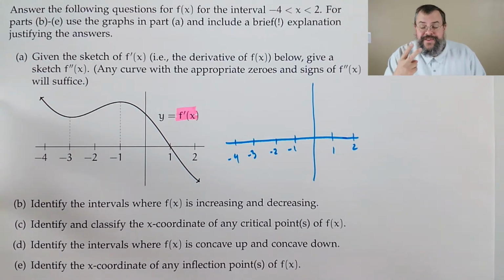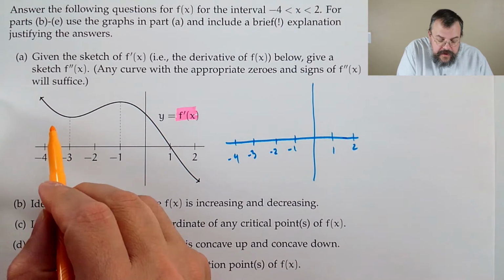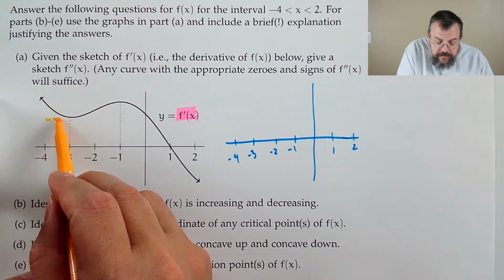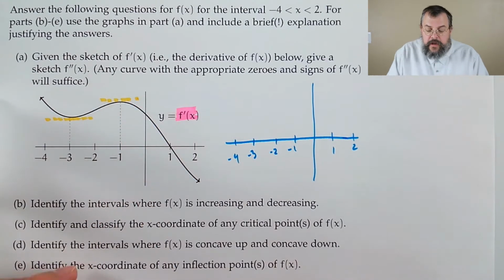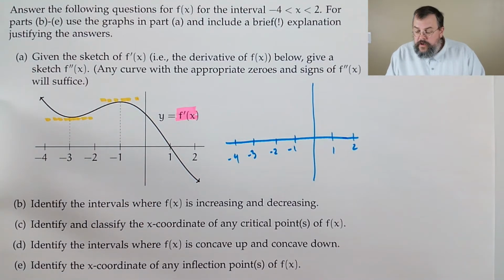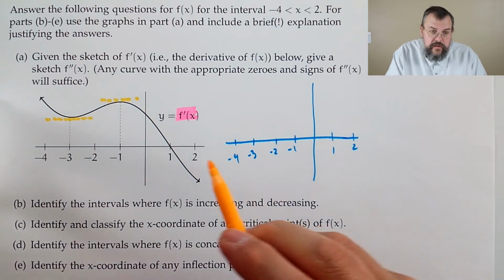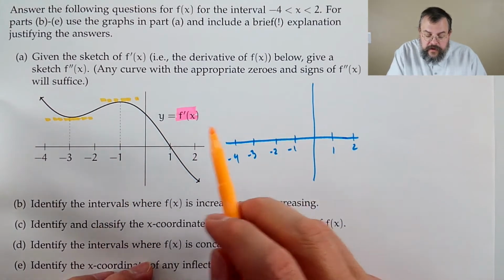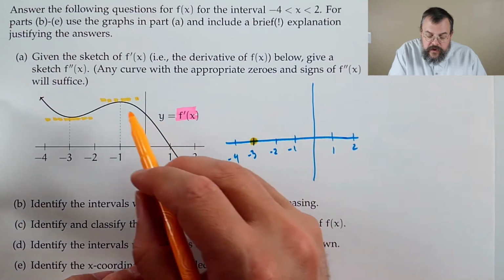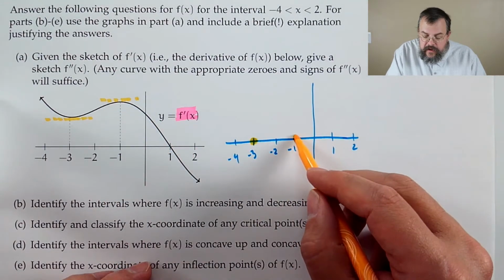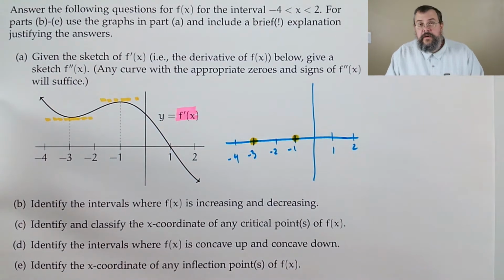Well, it looks like there's 2. So staring at this, I see 2 places which have a flat tangent line, and they've even marked them for us. See, at -3 and at -1. So what does that tell us? Well, it tells us that when we go to the derivative, a flat tangent line means a place where we're going to cross the axis here. In other words, a place where the derivative would be 0. All right.